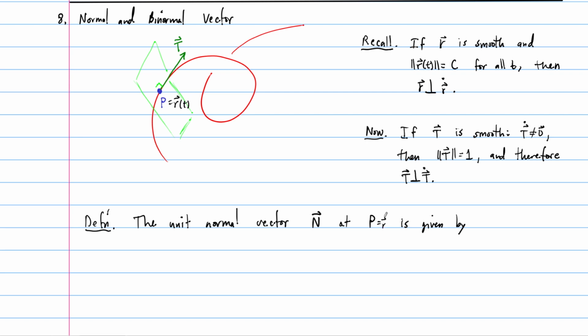Okay, so P equals r of t. This is given by this formula. So N of t is equal to the derivative, T dot of t, divided by its length. We want it to be a unit normal vector. So divided by the length of T dot of t.